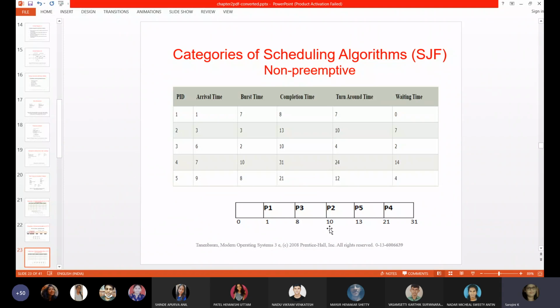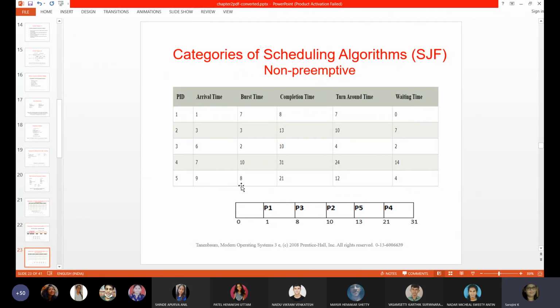So how many milliseconds got over? 10 milliseconds, when P3 completed its execution in the 10th millisecond. Look at the last arrival time of a process, 9 milliseconds.